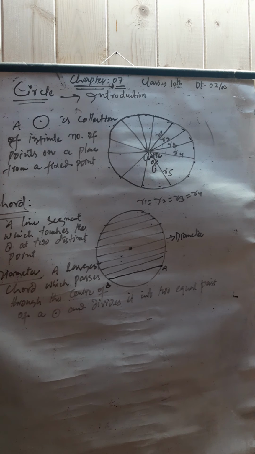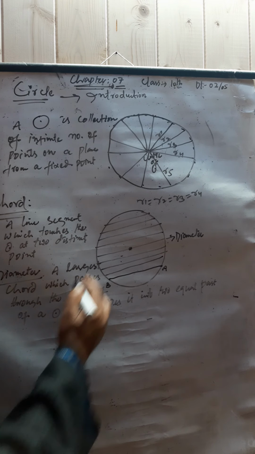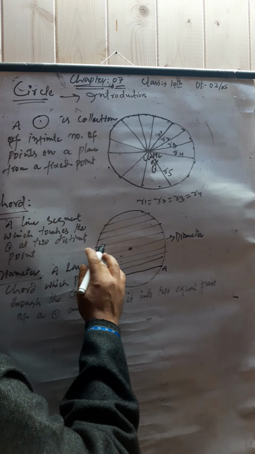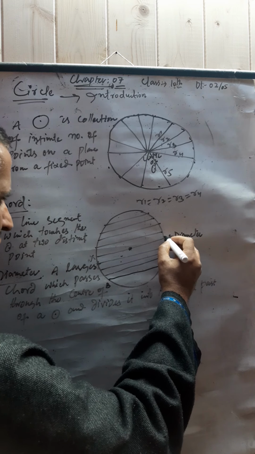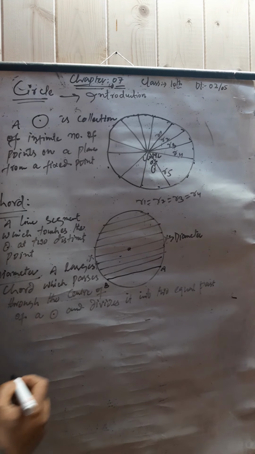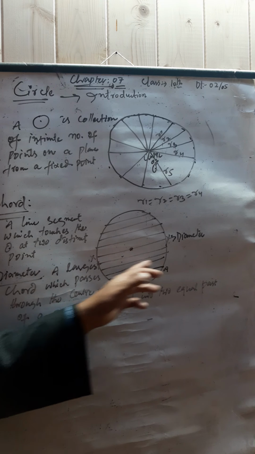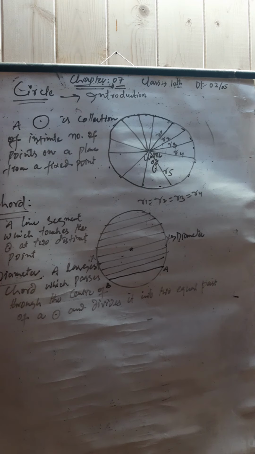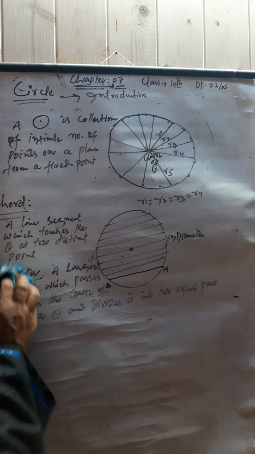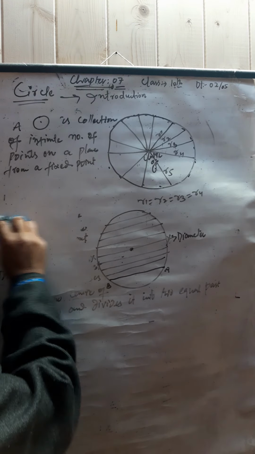Here this AB, or we can say XY, if it passes through the center and divides the circle into two equal parts, then we can say XY is the diameter of a circle. After that, we have a secant of a circle.